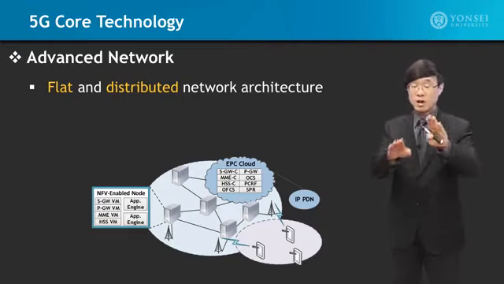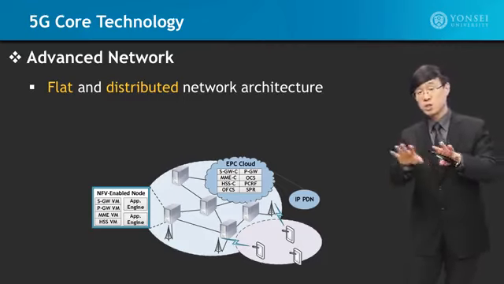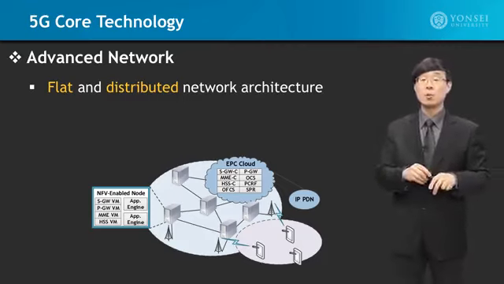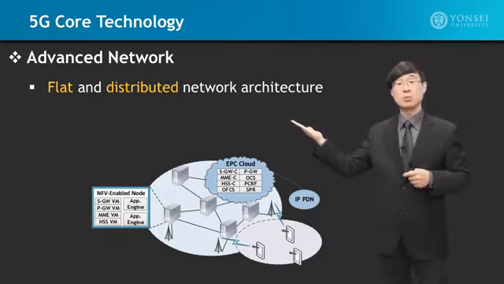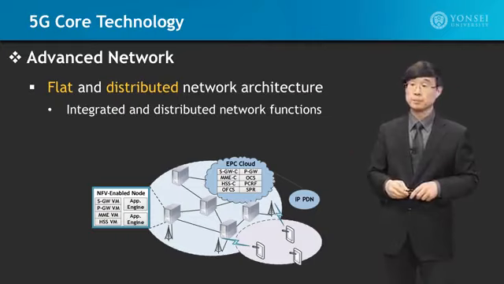Meaning that the functionality of the individual devices are somewhat like averaged out, and therefore they're distributed. Therefore, we use the terminology flat and distributed in advanced network of the 5G core.